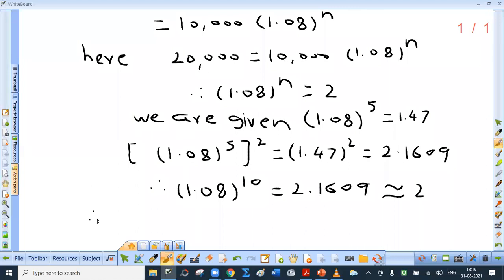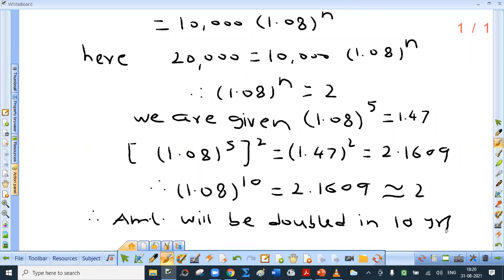Therefore the amount, that is money, will be doubled in about 10 years. Is that clear? So this is the answer.